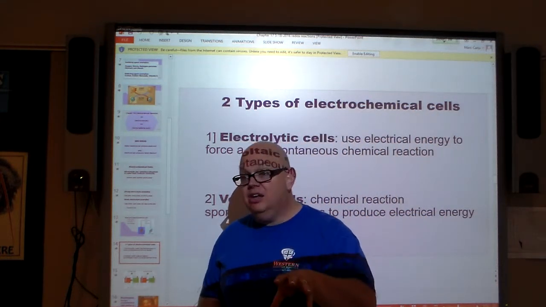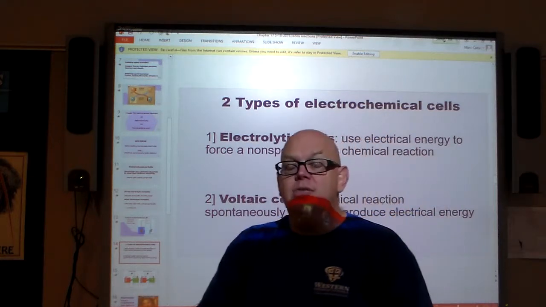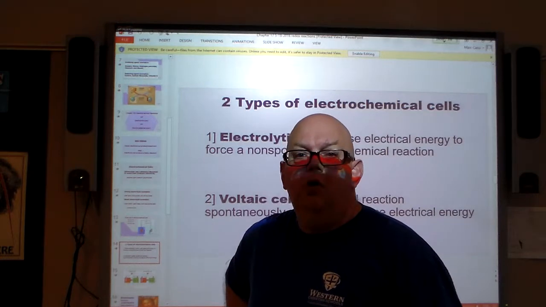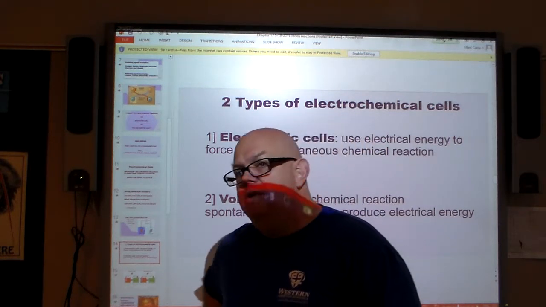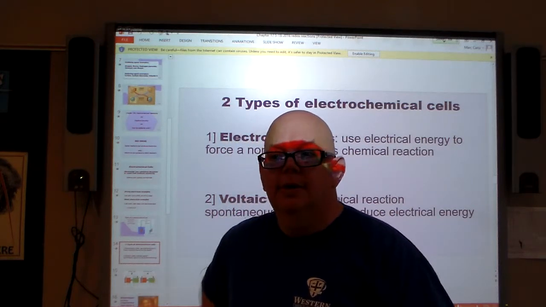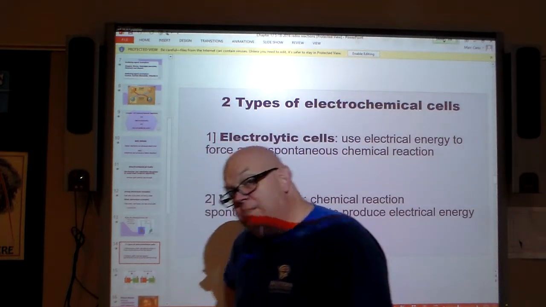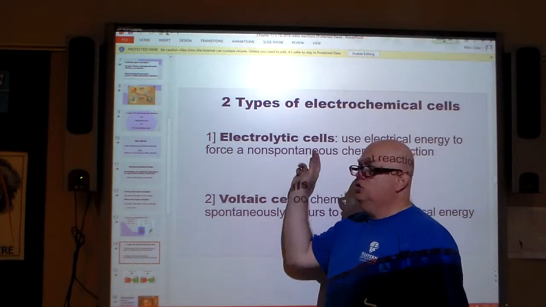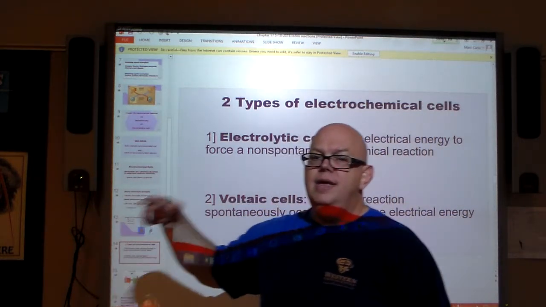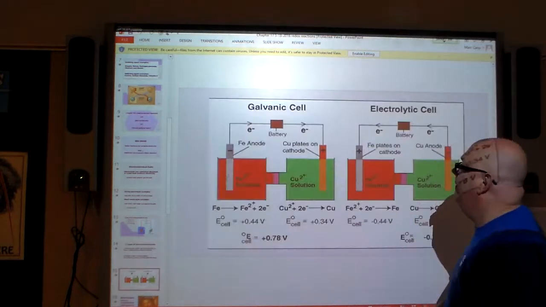Whereas a voltaic cell is the battery that we all take advantage of in our cell phones and battery-powered devices. That's a voltaic cell. It is producing a current. Now, it does get used up, obviously. Whereas electrolytic is the opposite. You have to put electricity in to make things run.